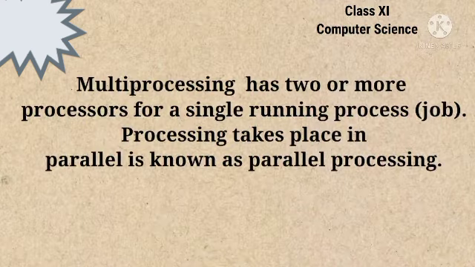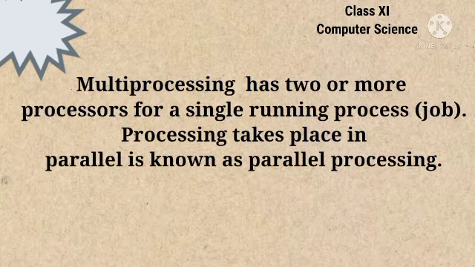The next key feature is multiprocessing. Multiprocessing has two or more processors for a single running process or job. So, instead of a single processor, there are two or more processors for a particular job, and the processing takes place in parallel. This is known as parallel processing.